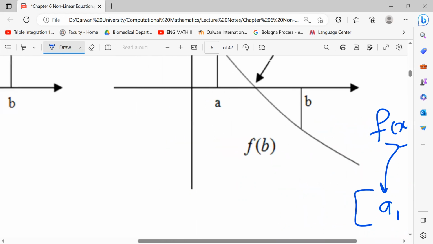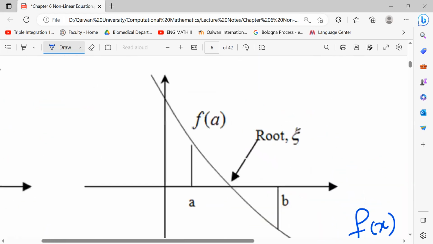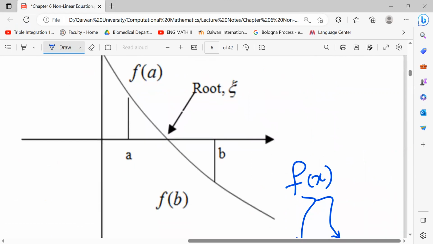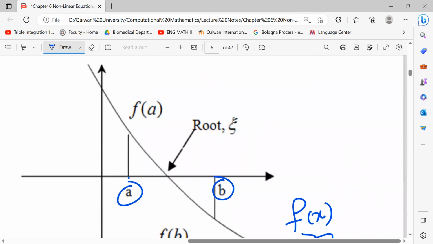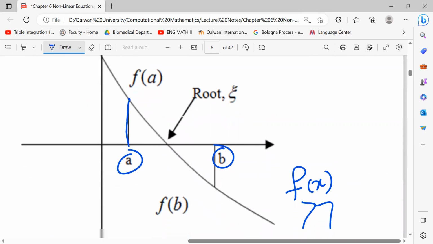Okay? As you see here, let's say this is a and this is b. f of a is here. Is it positive or negative? It's above the x-axis, so it's positive. And f of b is here. Is it negative or not? Yes, it's negative.